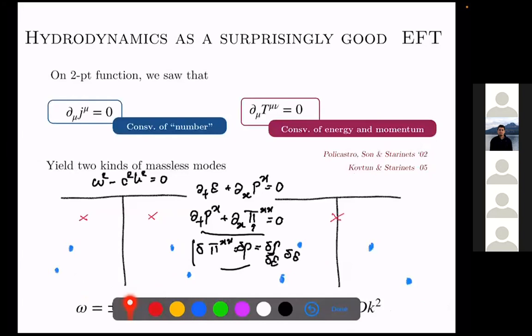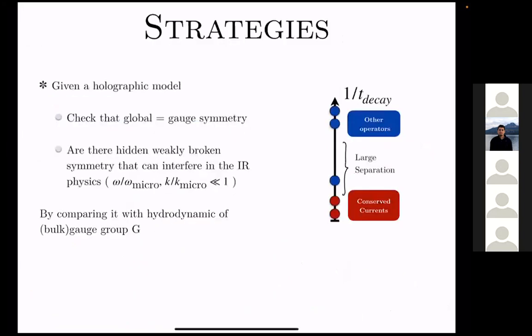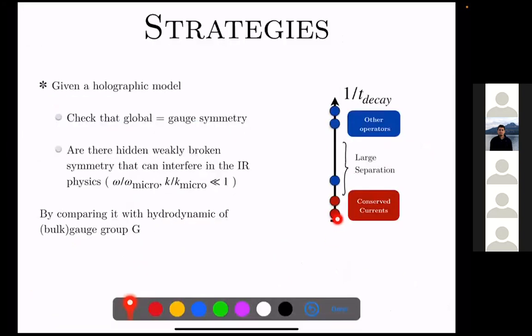You can understand this from this picture: if you are around here at this energy scale or at this time scale, you're going to see that this mode is explicitly broken, and it has a decay mode. But if you make the lifetime of this much longer, and it moves further down, and you are at around this time scale or energy scale, then you can barely tell the difference between whether this is a constant current or not.